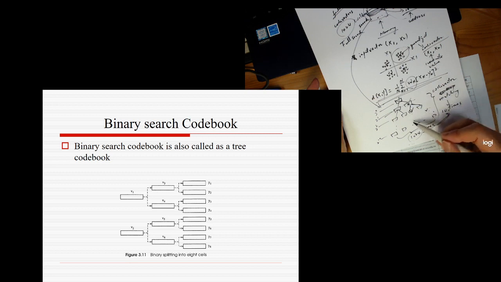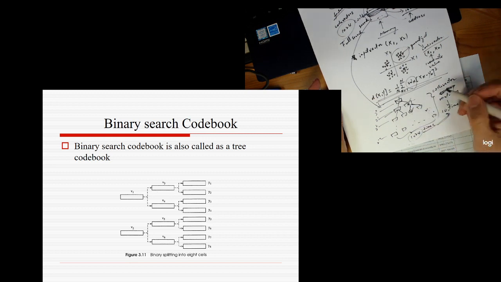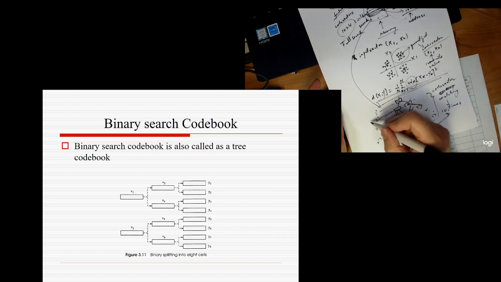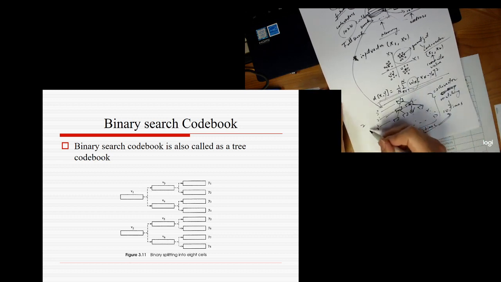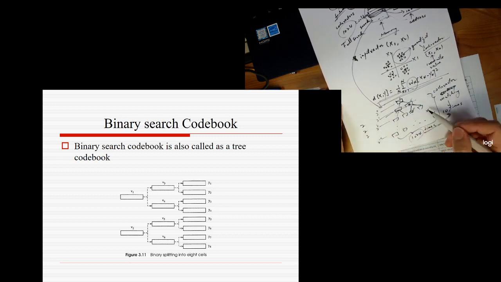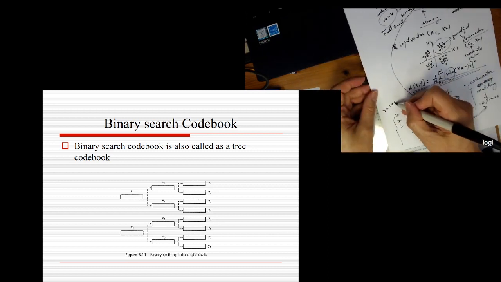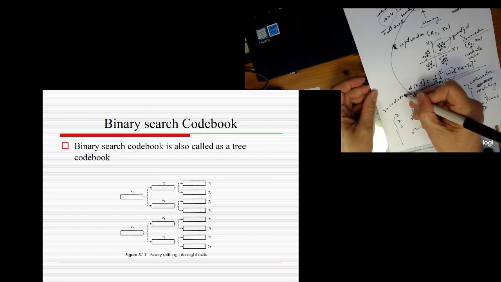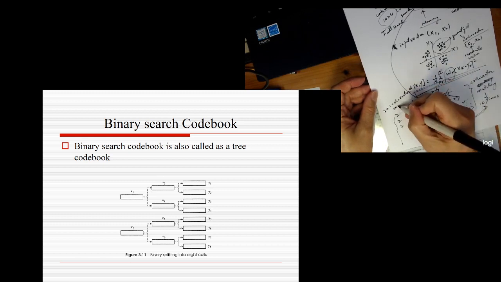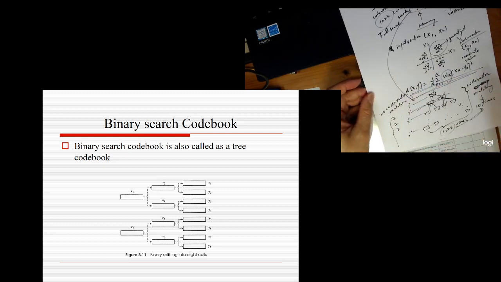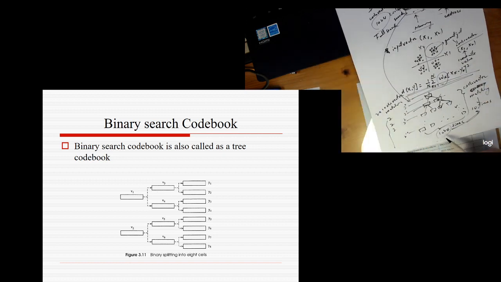Each level has just two code vector comparisons, so in total only 20 code vector matching operations. The full search will have 1024 code vector matchings.